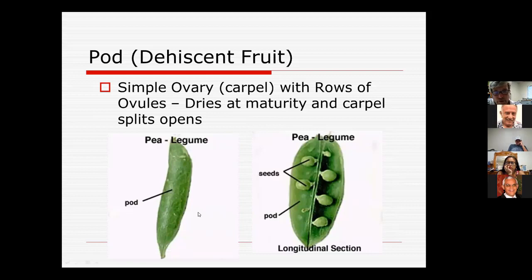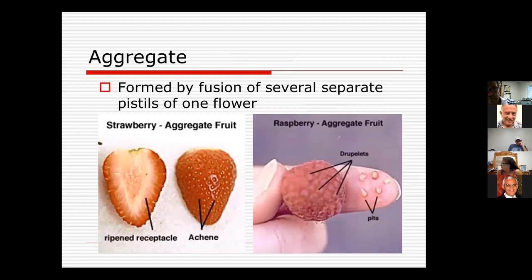So that's with your legumes primarily. And then when they're mature, they split open. You see something very similar on a plumeria. When it opens, it has that pod shape with multiple seeds inside. So it is what they call a dehiscent fruit.